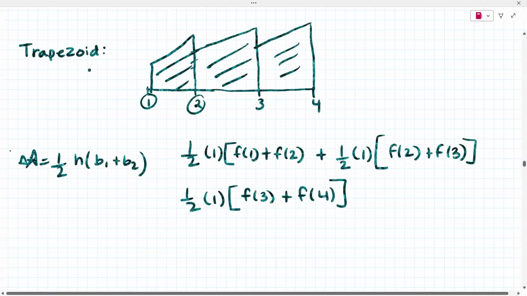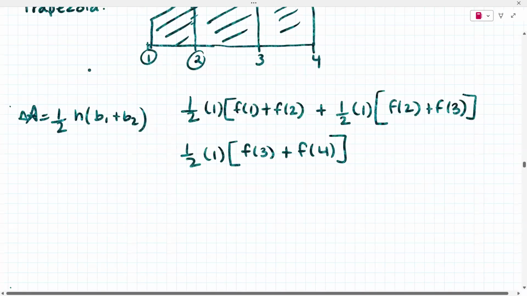So as you can see, 1/2 times 1, you can factor out a 1/2, right? They all have a 1/2.